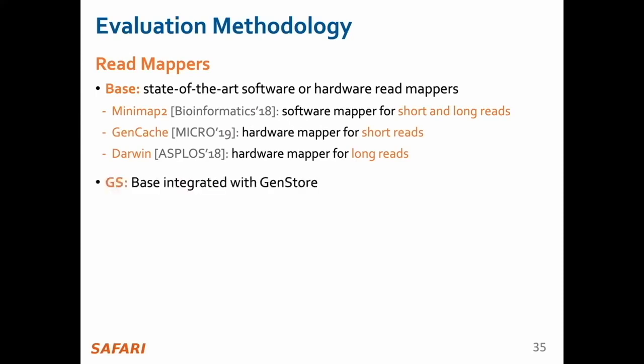So we compare these systems with GS, which is base integrated with GenStore. That means that we compare, let's say, a hardware mapper with a hardware mapper integrated with GenStore, because GenStore can be combined with different software or hardware systems since it orthogonally runs inside the SSD. So that is basically the comparison point.